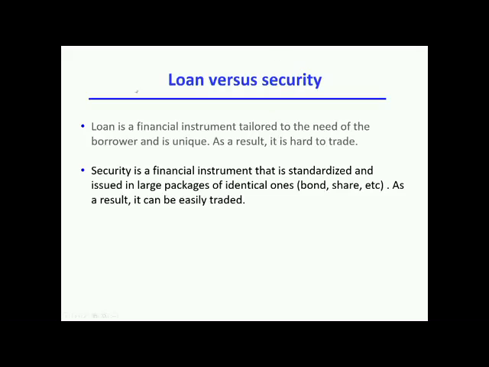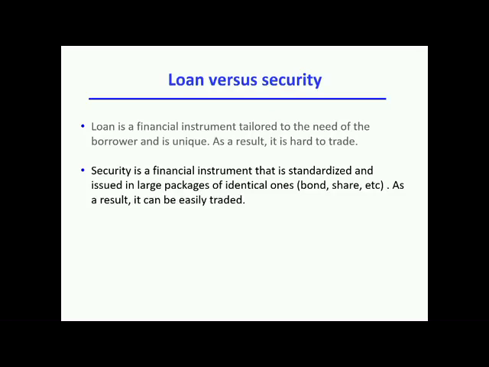Then we've got loans versus security. So what's the difference? Both on a loan and in a bond security, you exchange a contract against money. So if you go to the bank and you get a loan, the bank is giving you money and you give them a signature on a loan contract that you will repay them in the future. Similar for a bond, a company might give you a piece of paper, the bond, and you give them money.